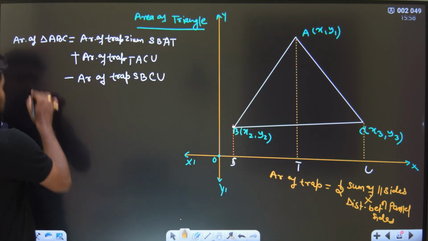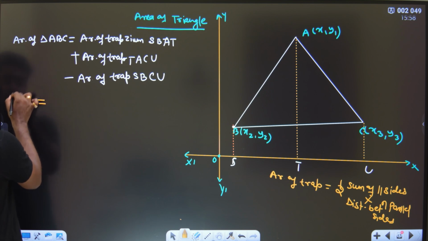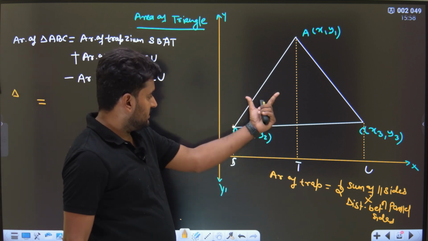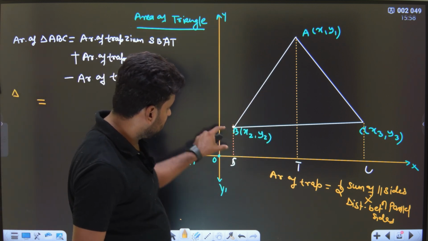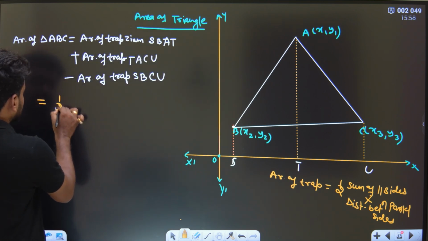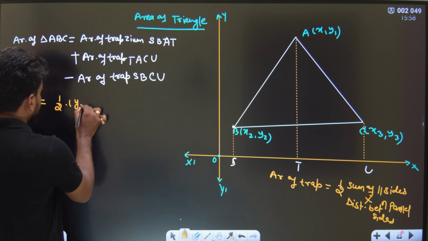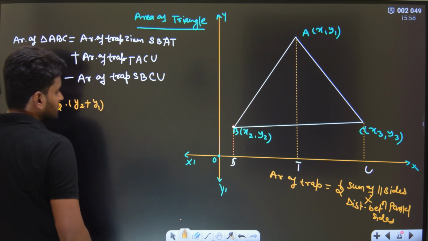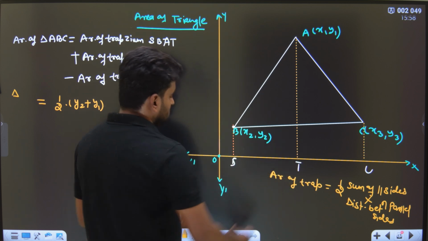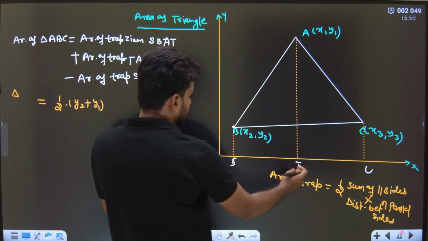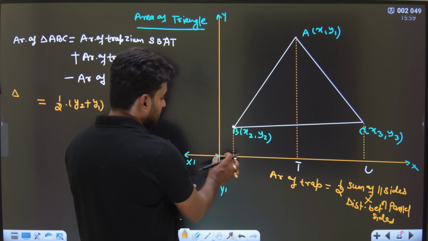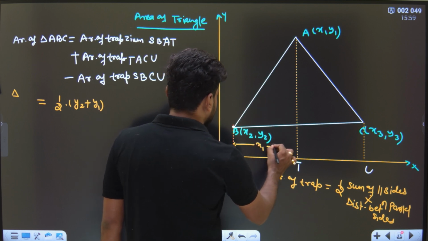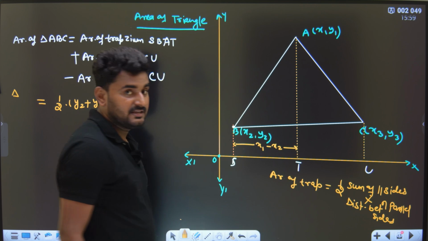Let us find the area of the trapezium: 1 by 2, this is our y2 plus this is our height y1, into the distance between them. Till here OT is x1 and OS is x2, so the distance between them will be x1 minus x2.